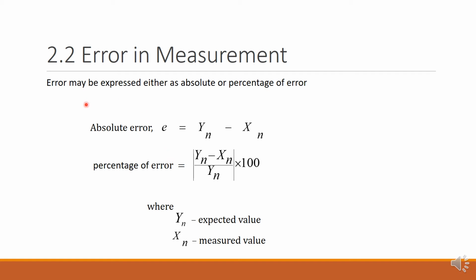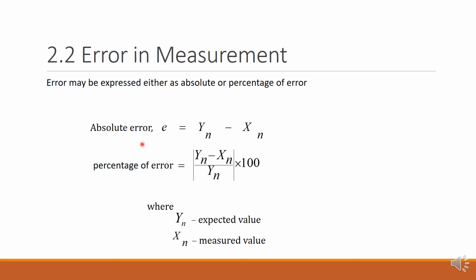Error in a measurement system can be divided into those that arise during the measurement process and those that arise due to later corruption of the measurement signal by induced noise during transfer of signals from the point of measurement to some other point. Error may be expressed as either absolute or percentage error.